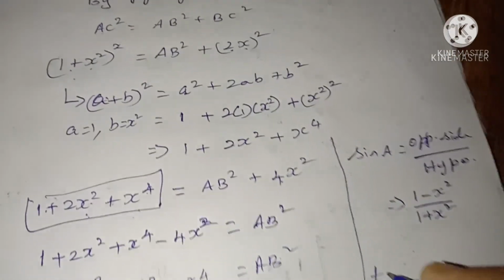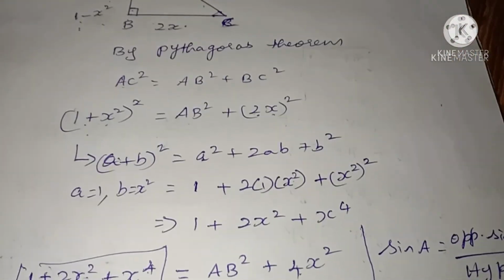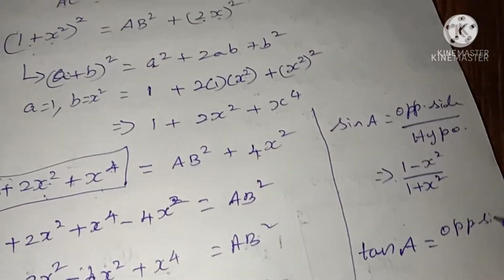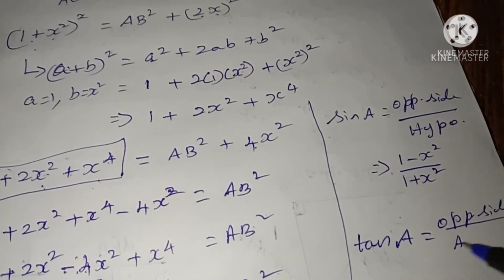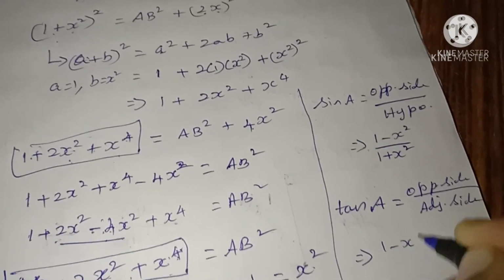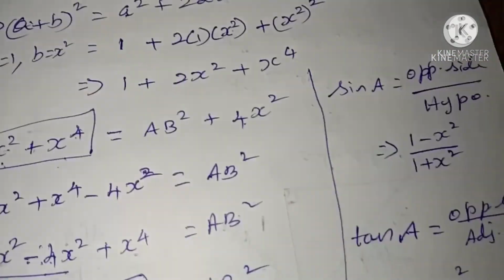And then tan A is equal to opposite side by adjacent side. Opposite side 1 minus x square, adjacent side is 2x.